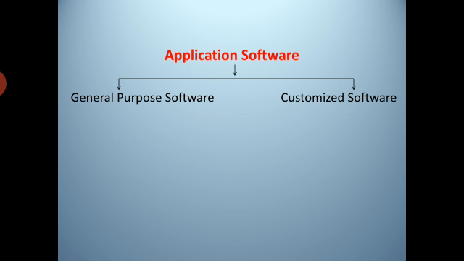Some application software are made for performing specific tasks generally used by institutions, corporate business houses, and such software come under the category of specific purpose application software. For example, payroll management system, hotel management system, report card generators are the examples of customized software.